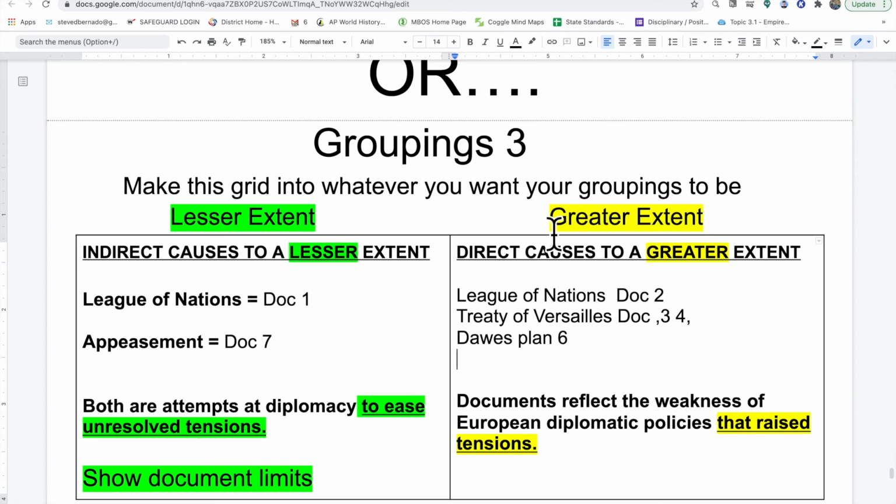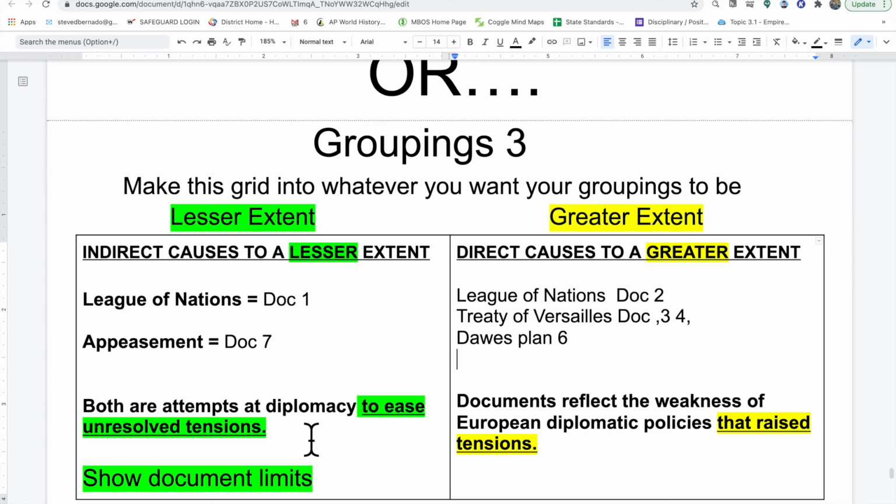While on the other side, to a greater extent, you have the Treaty of Versailles and the Dawes Plan. These are documents that reflect the weakness of European diplomatic policies that actually raised tensions. So to a greater extent on the right-hand side, because these documents raised tensions; on the left-hand side, they were diplomatic policies that attempted to ease unresolved tensions.